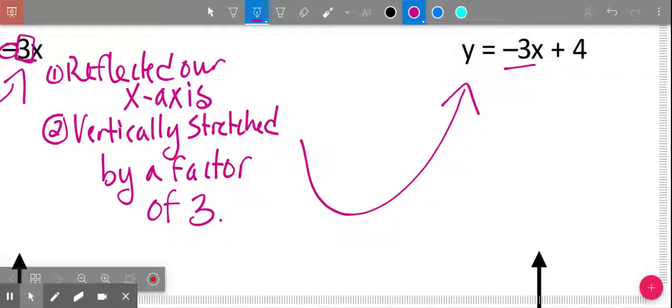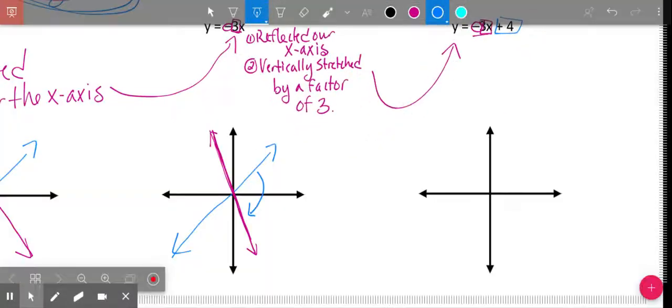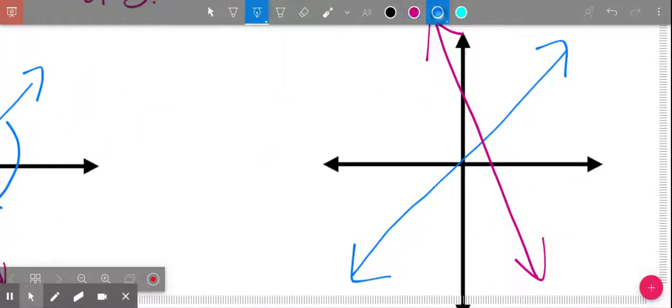All right, so looking at our new one, it's still been reflected over the x-axis. It's still been stretched by 3, but now we have this new piece too. So if we have our parent function, and you put our new one into the calculator, it's going to look like this. Oops, nope, not like that because it's steeper. There we go. So we want to know, how did we go from the parent function to the new function?